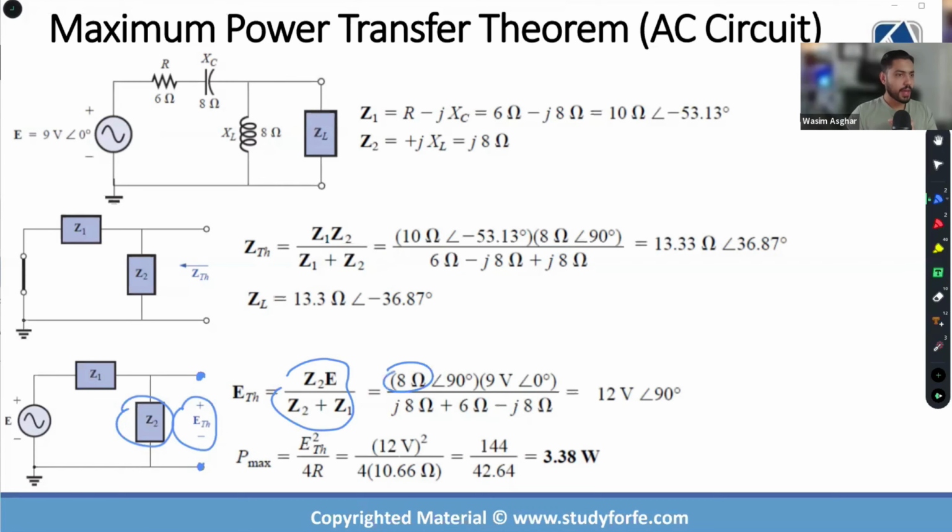Don't just simply use the magnitudes, 8 ohms, 9 volts, 8 ohms, 6 ohms, and so on. You actually have to properly account for all the phase angles, all the imaginary components, in order to get the right answer. Otherwise, your magnitude may be fairly close, but your phase angle is going to be off.